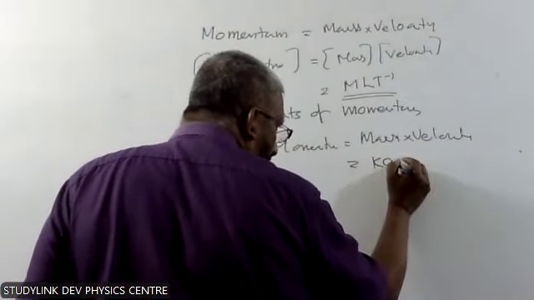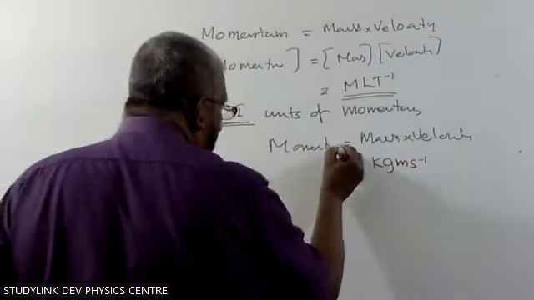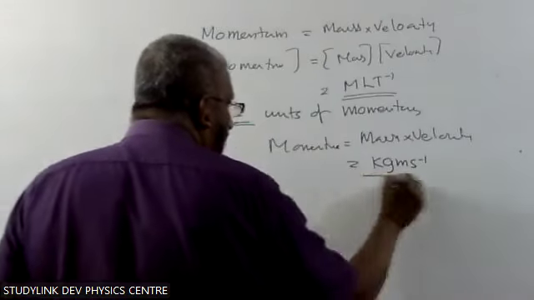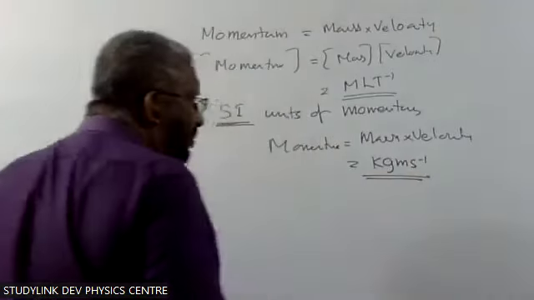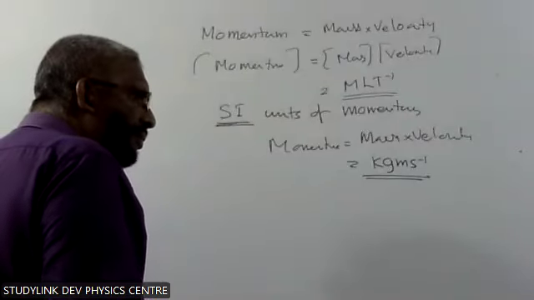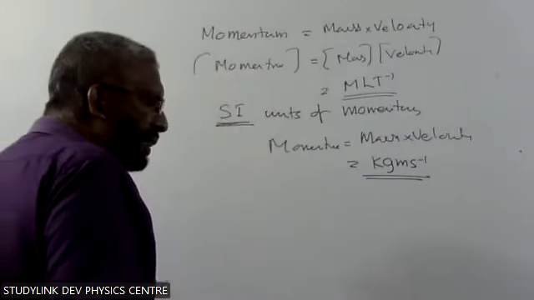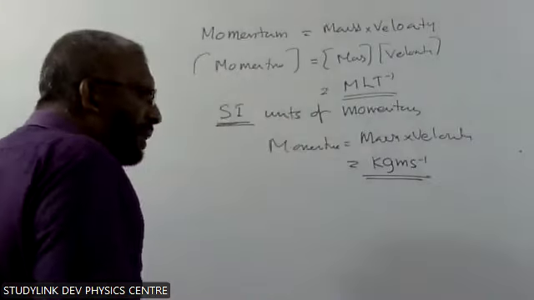Velocity is m s minus 1. So momentum SI units: kg m s minus 1. This was not done under SI units because I wanted to discuss it separately.